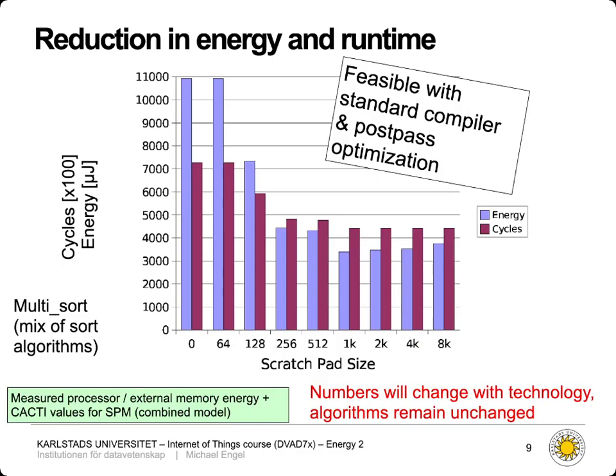And of course, if this held for the whole program, we could run our processor on the same amount of energy in a battery or a capacitor for three times as long. Now, of course, the specific numbers will change with the technologies in use, but the algorithms behind this will remain unchanged and can also benefit from new technologies.